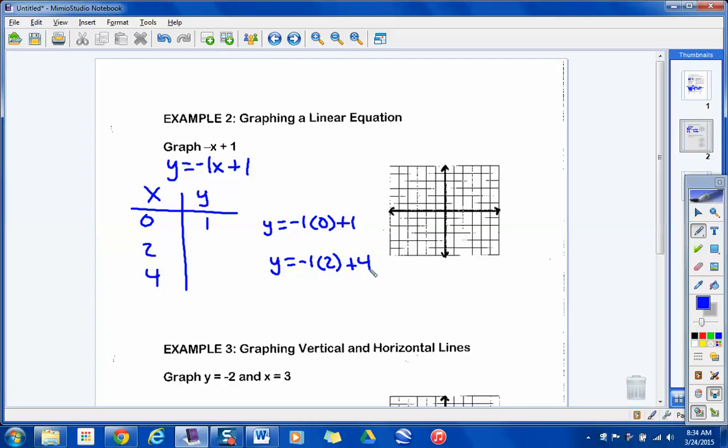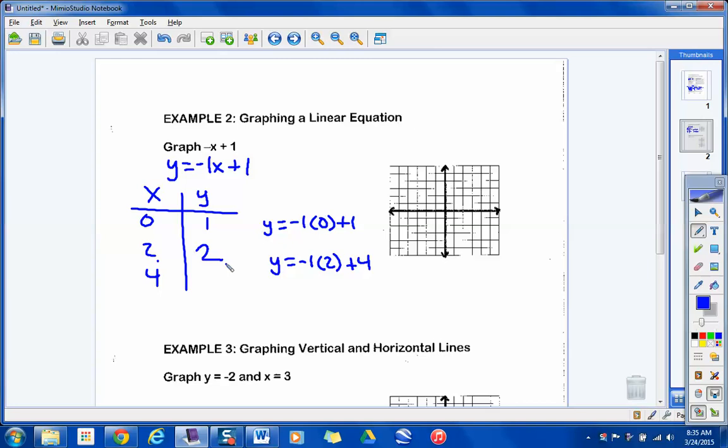Oh, -1. So when I input 2, what's my output right here? -1. Okay. What's the last input I want to make?